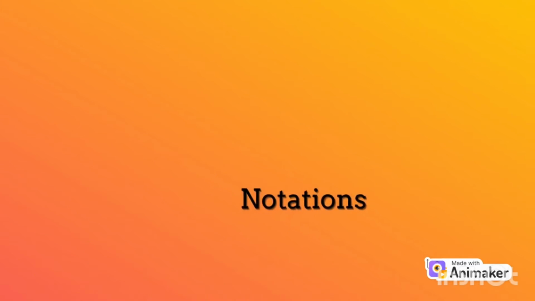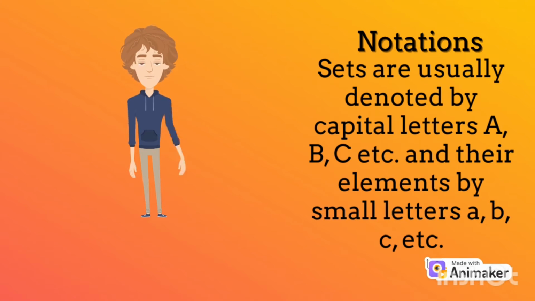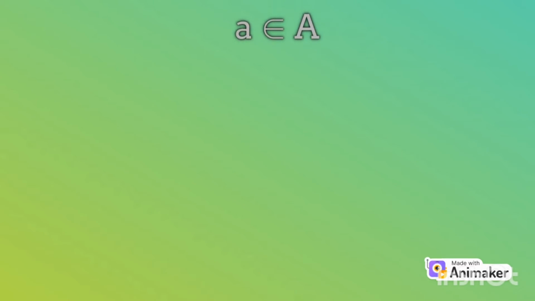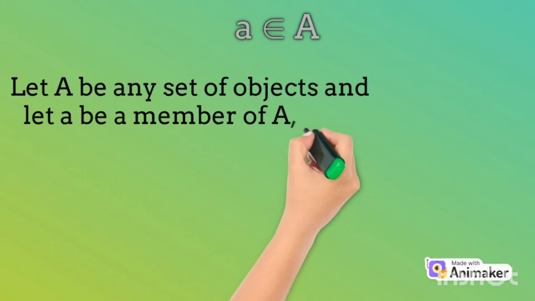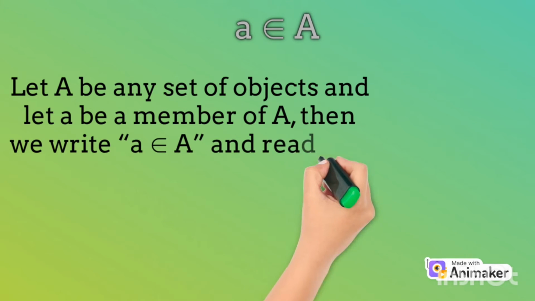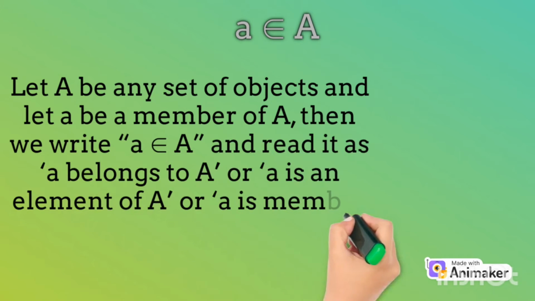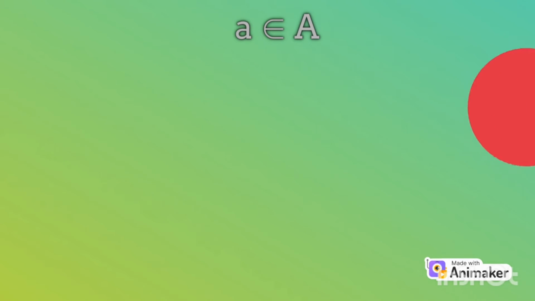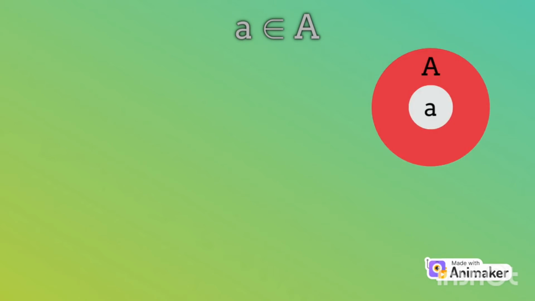Next is notation. Sets are usually denoted by capital letters A, B, C, etc., and their elements by small letters a, b, c, etc. Let A be any set of objects and let a be a member of A, meaning small a is a member of capital A. Then we write a ∈ A and read it as a belongs to capital A, or a is an element of capital A. In this bigger circle, there is a capital A and a small a.